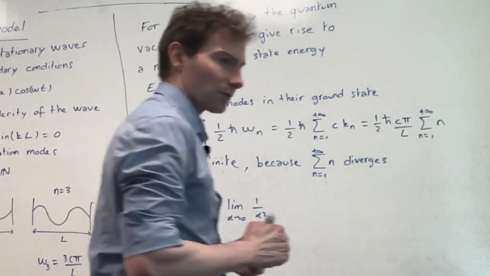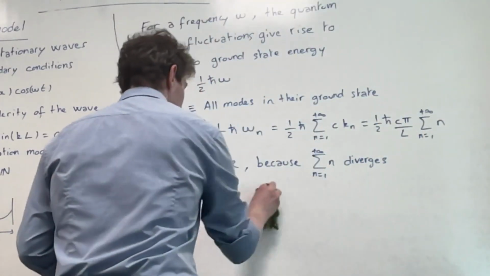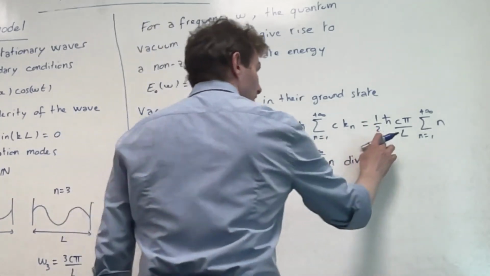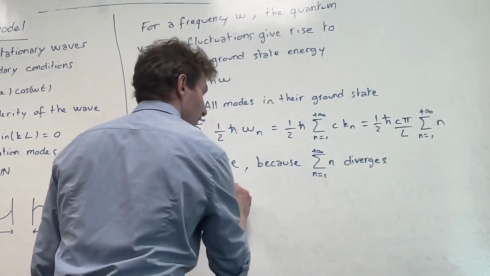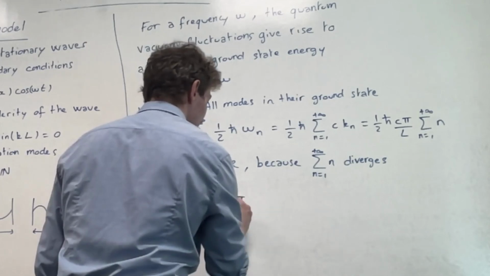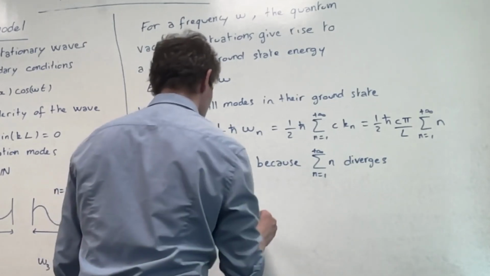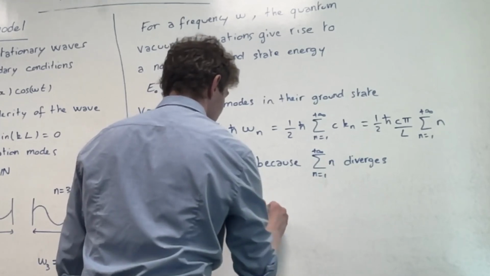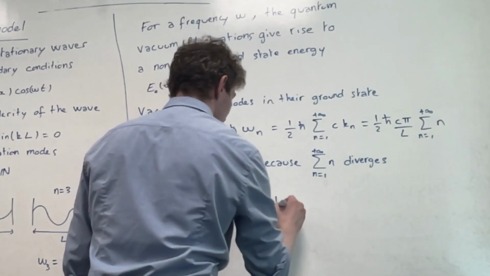And in fact, I made a slight mistake. E vac and then minus, so I need to put all of that. That's h bar c pi over 2L, and then the limit when alpha tends to 0 of 1 over alpha squared.